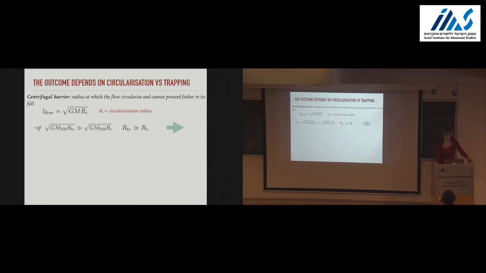Okay, and now we go to the other category. Now we take a flow that has a specific angular momentum such that it circularizes within its trapping radius, so that we have the opposite.